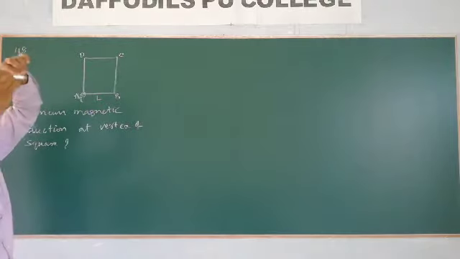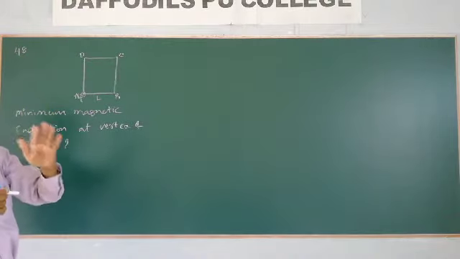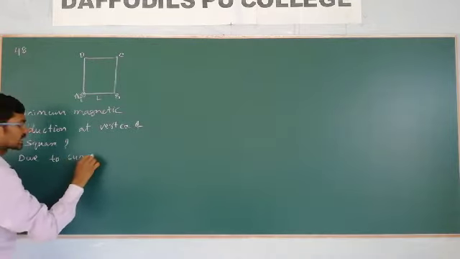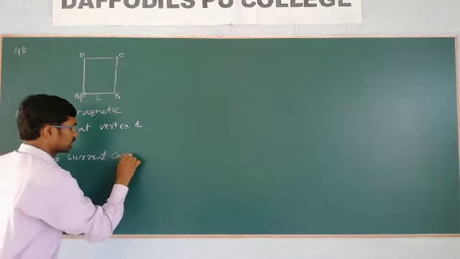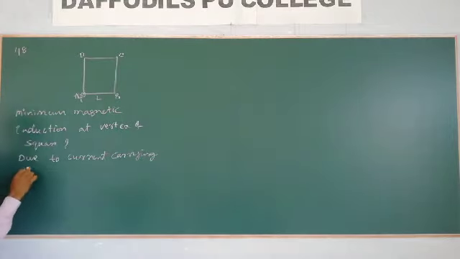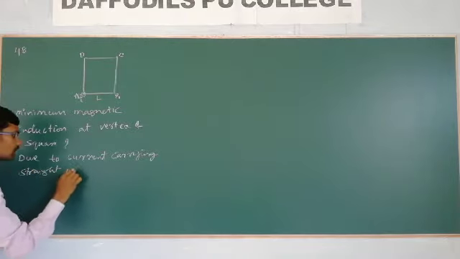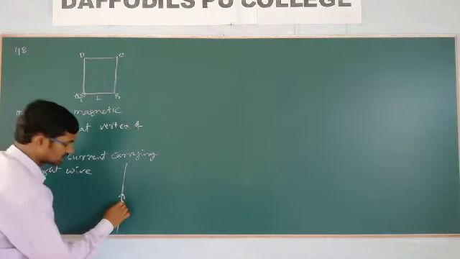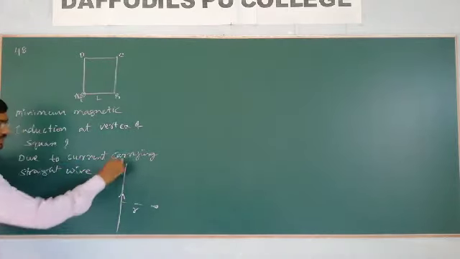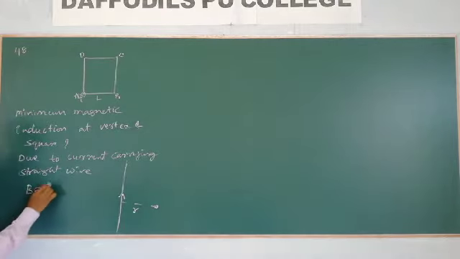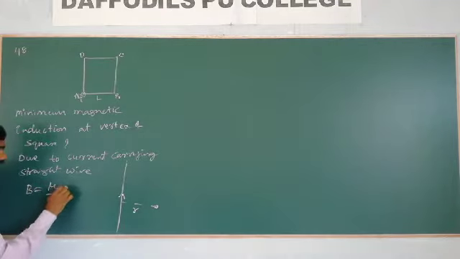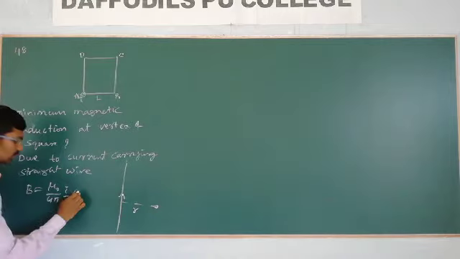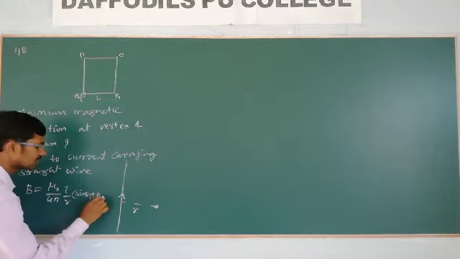Now, due to a current carrying wire, what is the magnetic field at a distance? If it is at some distance r, and the wire is infinite, then B is equal to mu naught by 4 pi into I by r into (sin theta 1 plus sin theta 2).